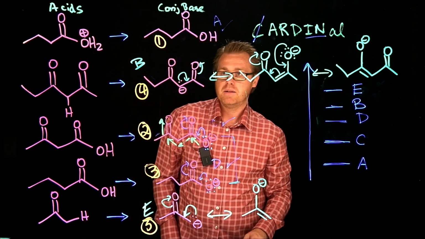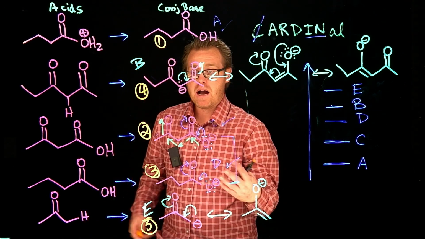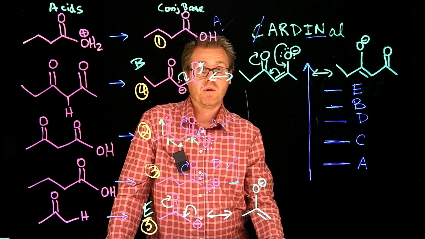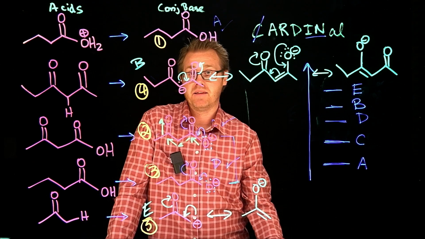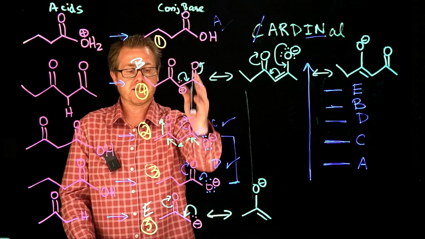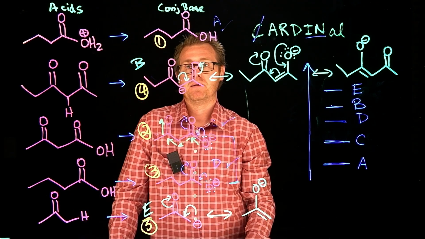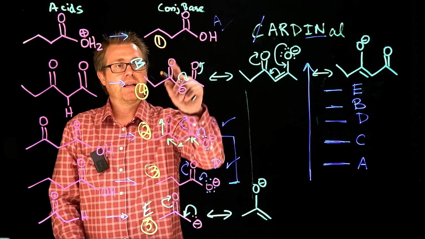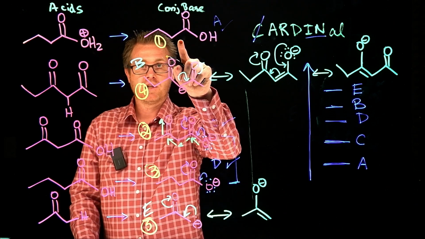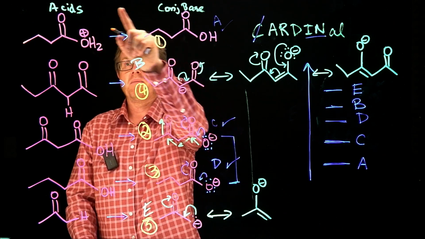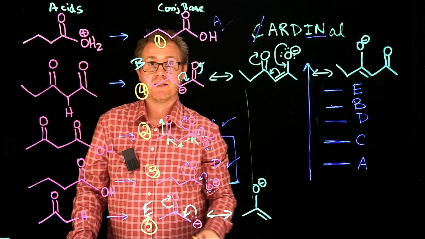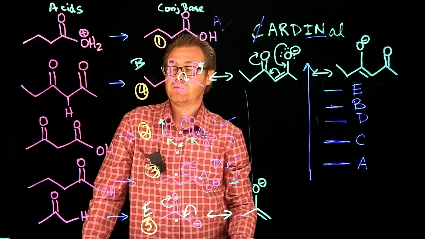All right. And what does that mean for us in terms of which is the most acidic acid in this list? So we've ranked the stabilities of the conjugate bases. So since this is the most stable conjugate base, that makes this guy the most acidic. Okay?